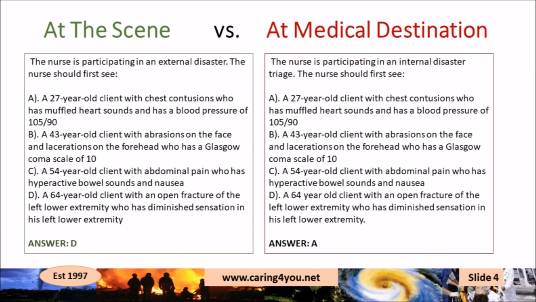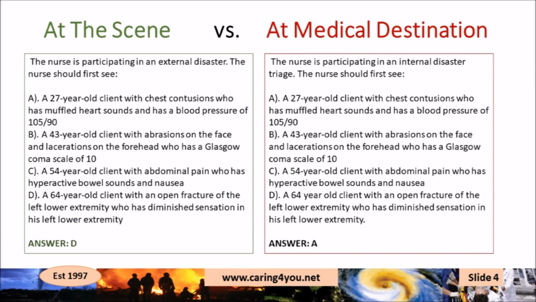So we would put a T for A because that is a trauma patient, right? They have chest contusions and muffled heart sounds. We would put an I, for intracranial pressure or mental status, for B because it's a 43-year-old who has a head injury and has a Glasgow Coma Scale of 10.